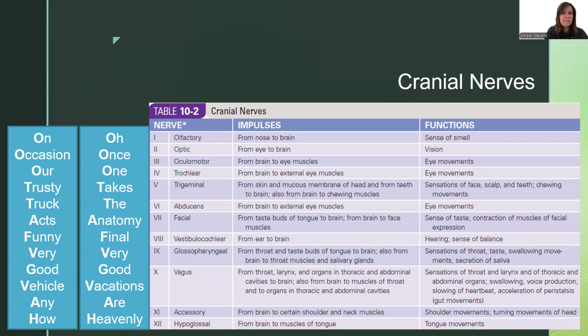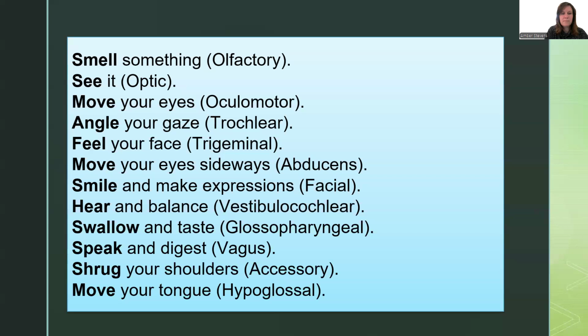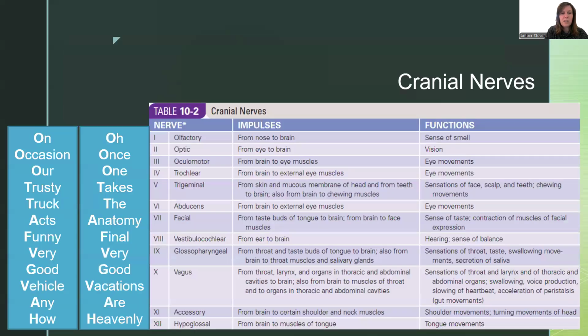So there are two different sayings here. Oh, once one takes the anatomy final, very good vacations are heavenly. So you can see, oh, once one takes the anatomy final, very good vacations are heavenly.